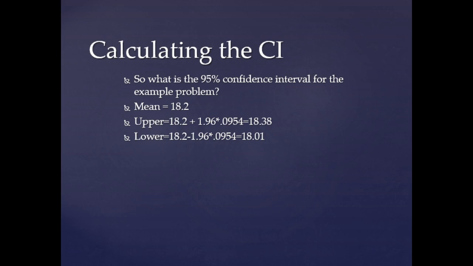And then the lower end would be 18.2 minus 1.96 times 0.0954, which gives us 18.01. So our confidence interval suggests that we believe that the ACT scores of the population will fall between 18.01 and 18.38.